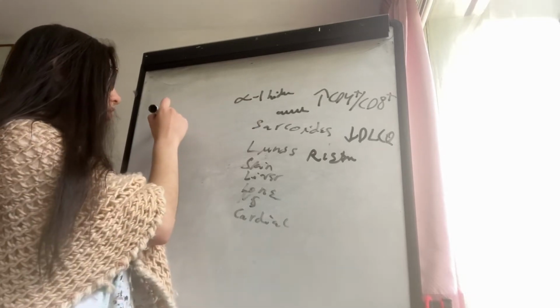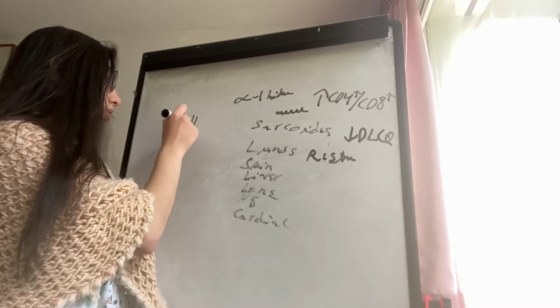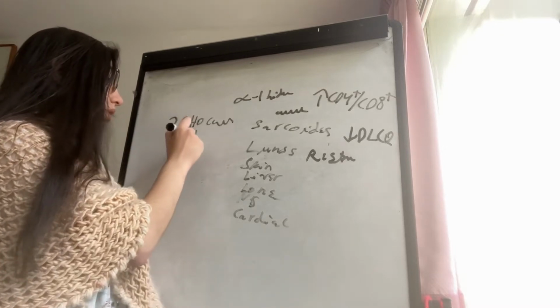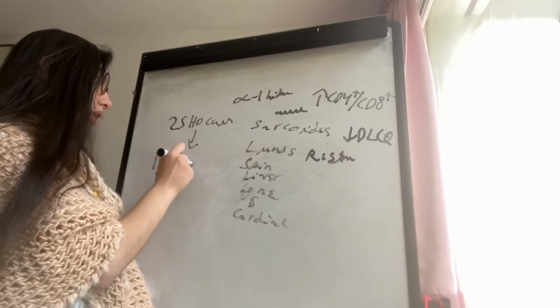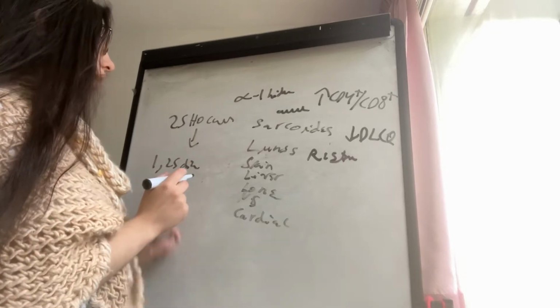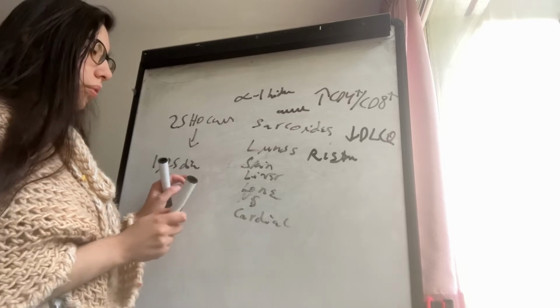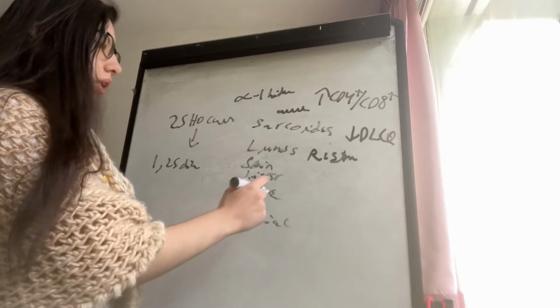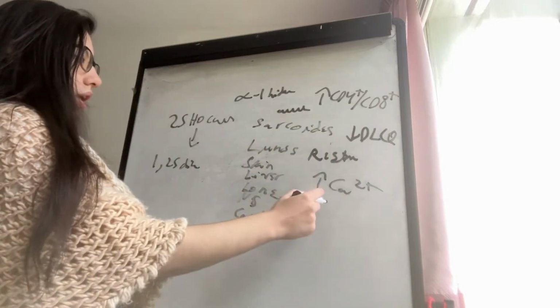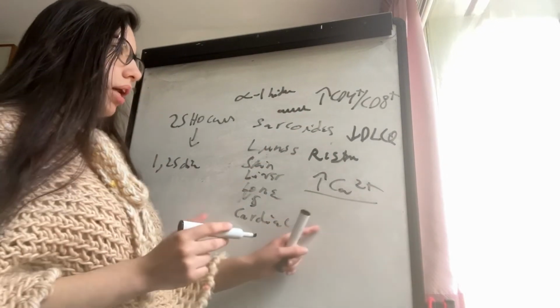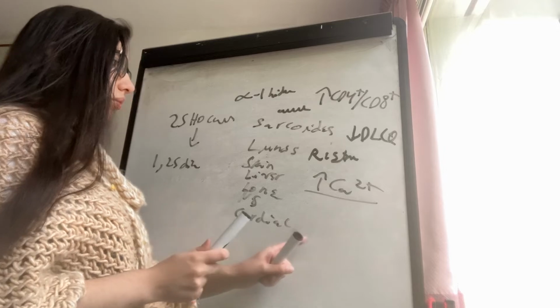So we have 25-hydroxycholecalciferol converted by this enzyme to 1,25-dihydroxycholecalciferol, or calcitriol, the active form of vitamin D3. So vitamin D3 increases the calcium. These patients have hypercalcemia and hypercalciuria.